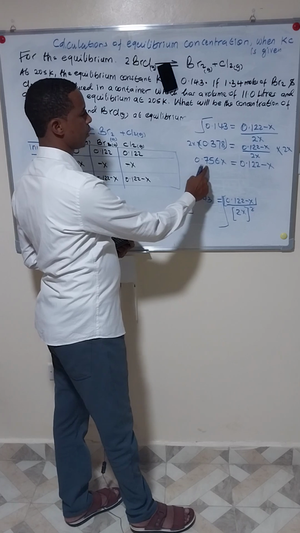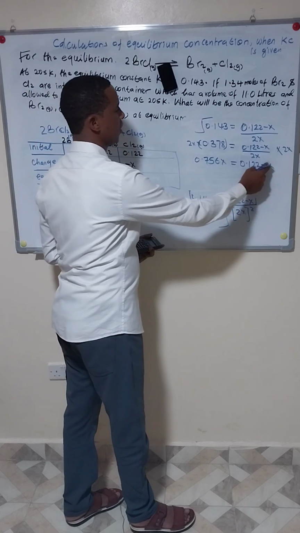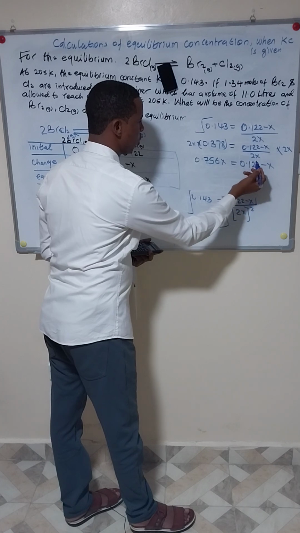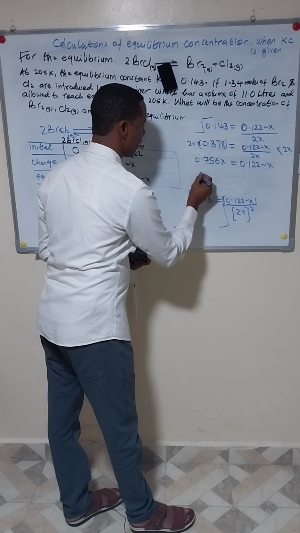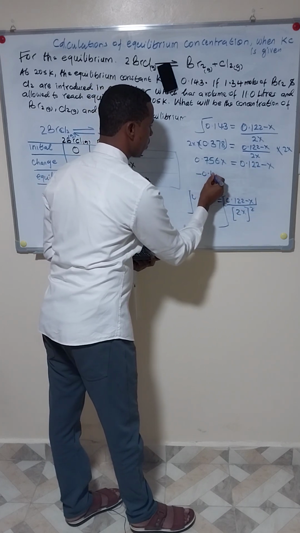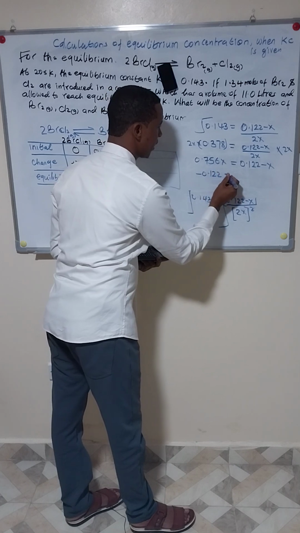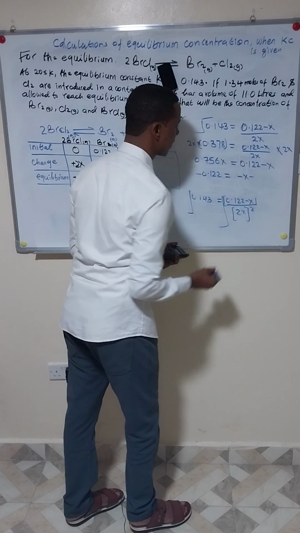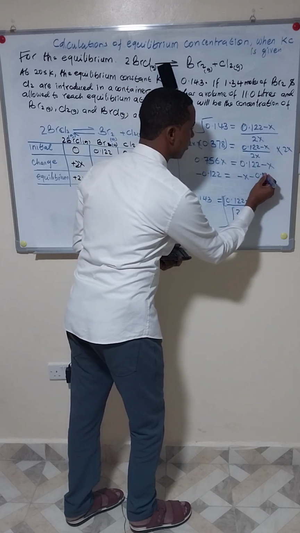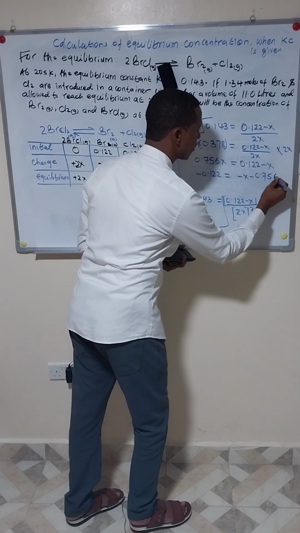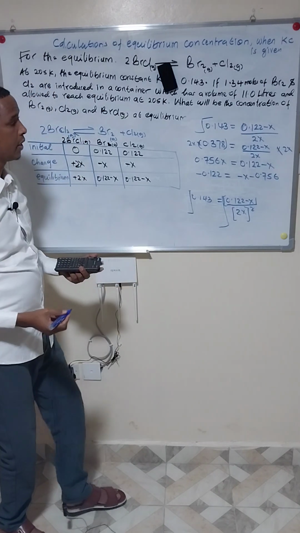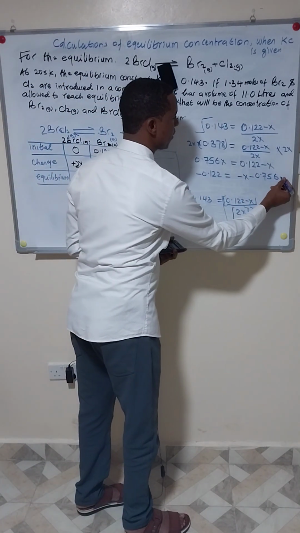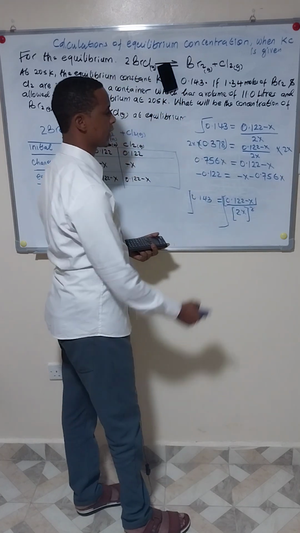So we take 0.756x to this side, it will now be minus, and 0.122 we take to the other side, so it will be negative 0.122 is equal to negative x minus 0.756x.